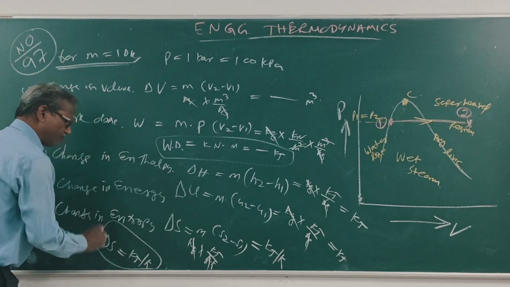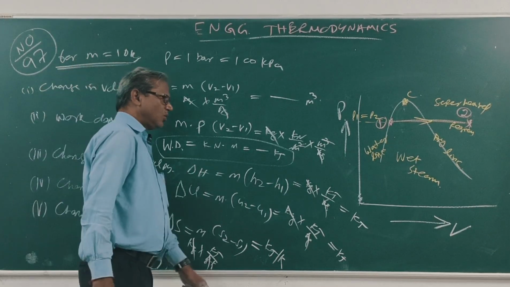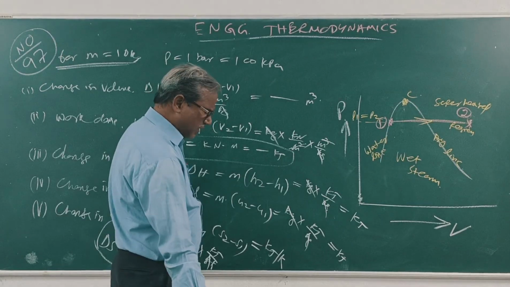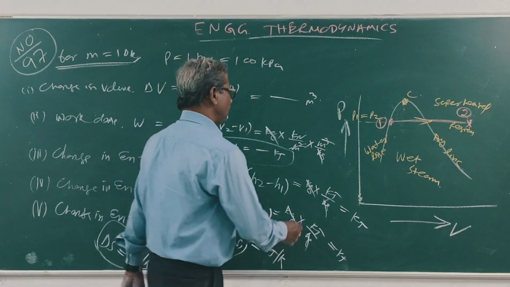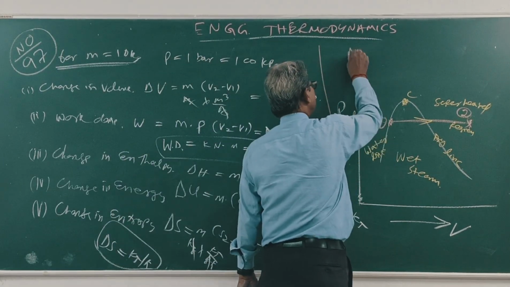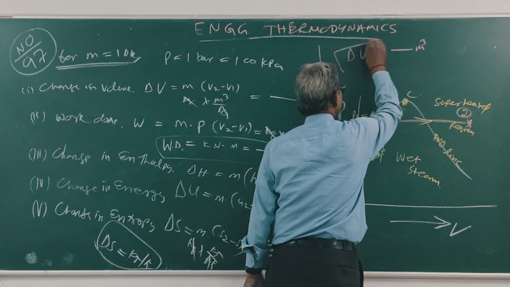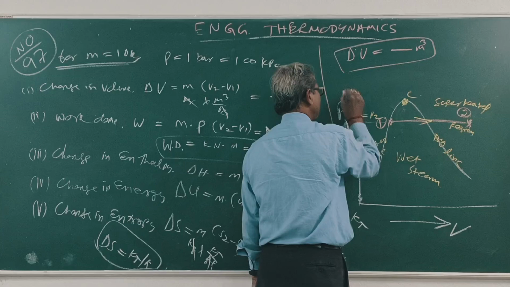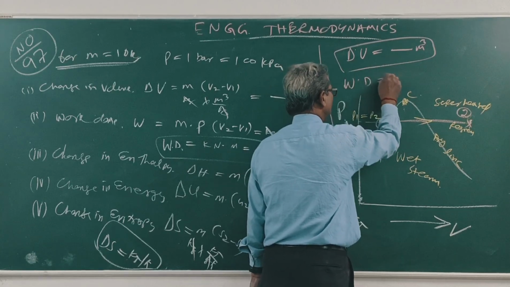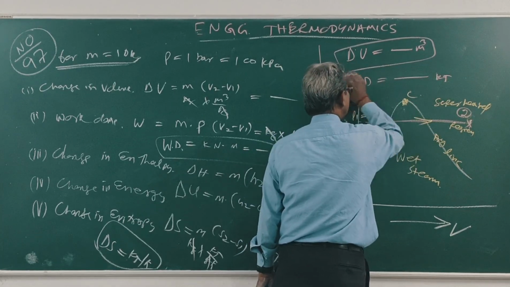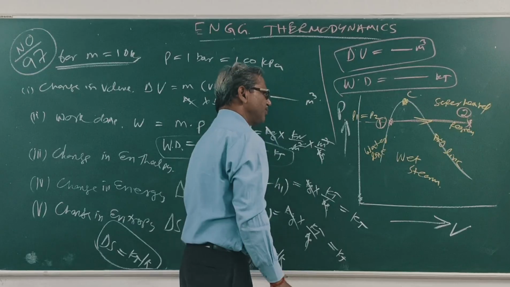Now, we got all the answers. Delta V is in meter cube. Clear? Work done is some kilojoule. Right?